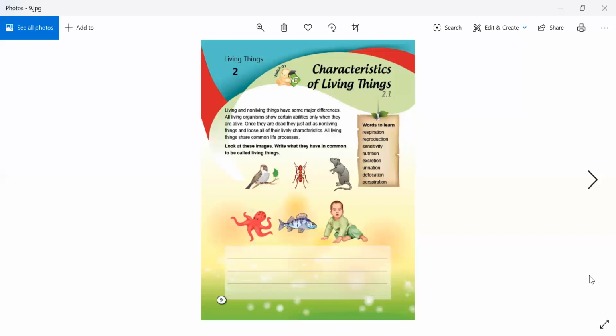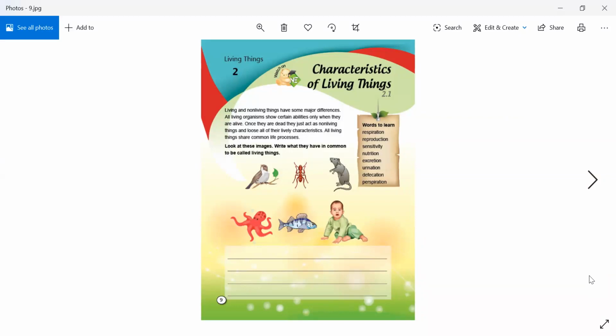First of all, they are saying, look at these images, write what they have in common to be called living things. If we see a sparrow, ant, rat, octopus, fish, and a baby, these 6 images are living things. So what they have in common?